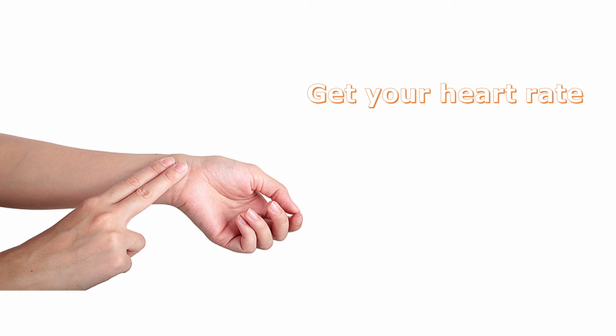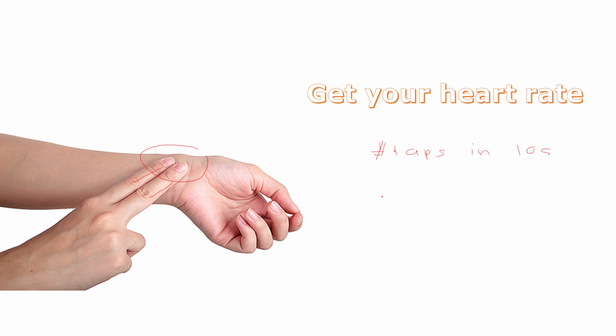So place the index and middle finger of your hand on the inner wrist of the other arm, just below the base of the thumb. Count the number of taps you feel in 10 seconds.